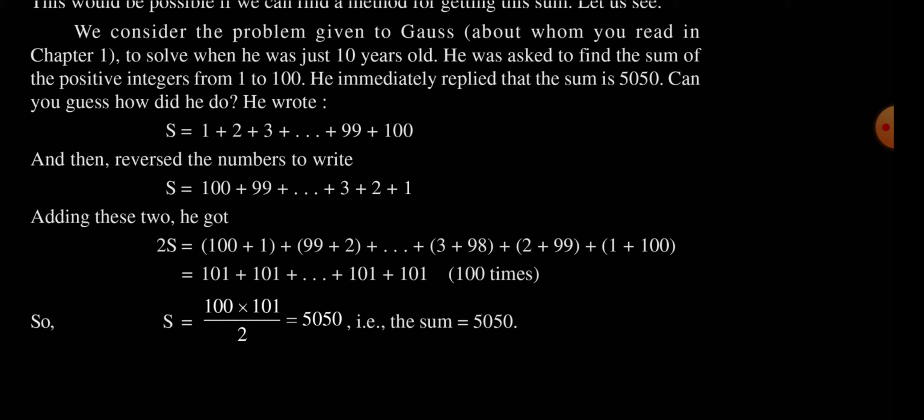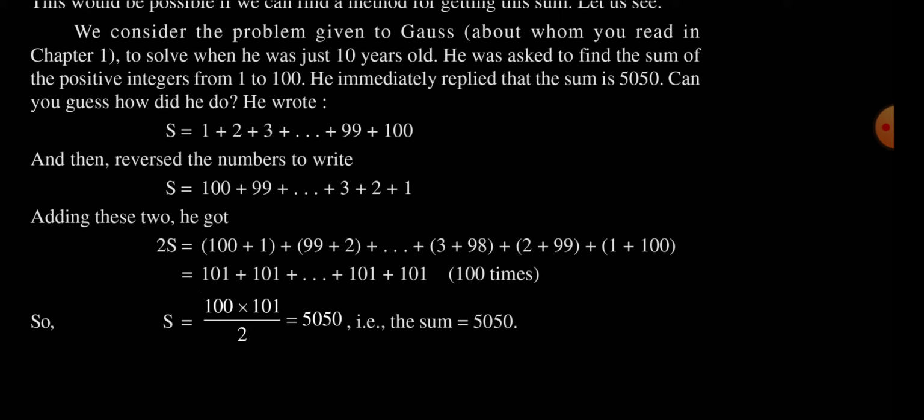and then reversed the numbers to write S equals 100 plus 99 plus 98 up to 3 plus 2 plus 1. Adding these two, he got 2S equals (100 plus 1), (99 plus 2), (98 plus 3), and so on up to (3 plus 98), (2 plus 99) and (1 plus 100).